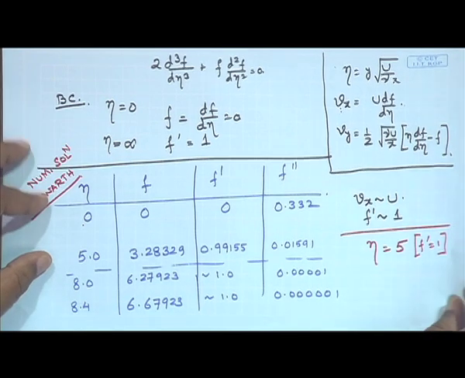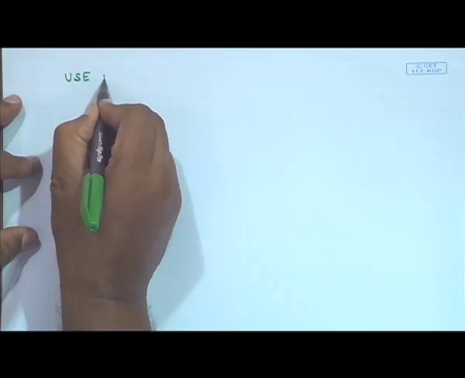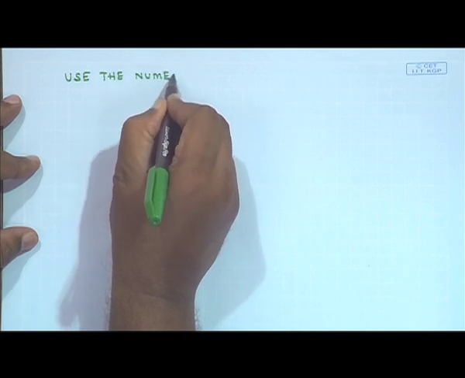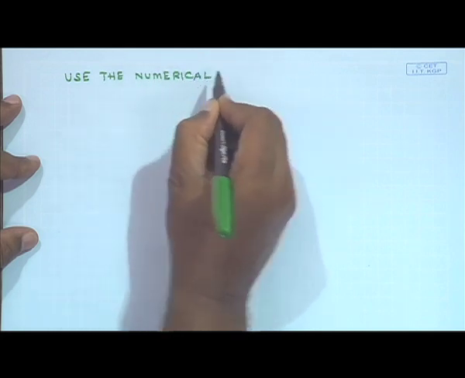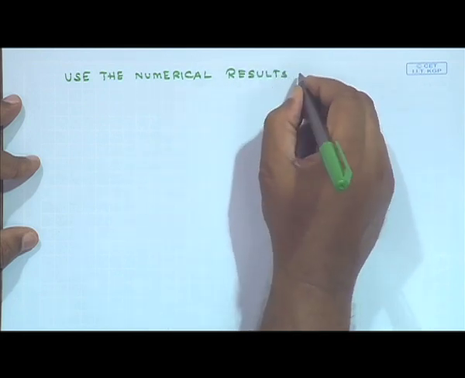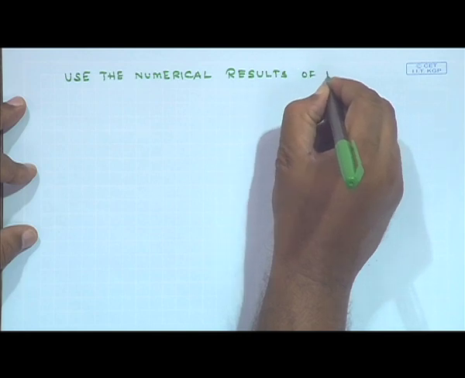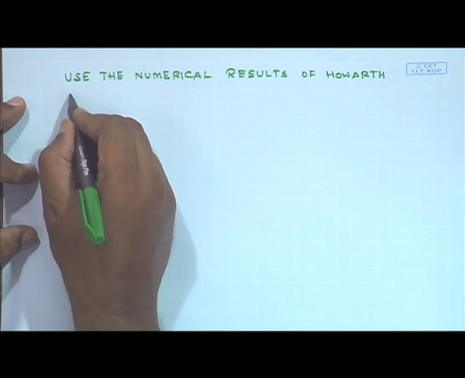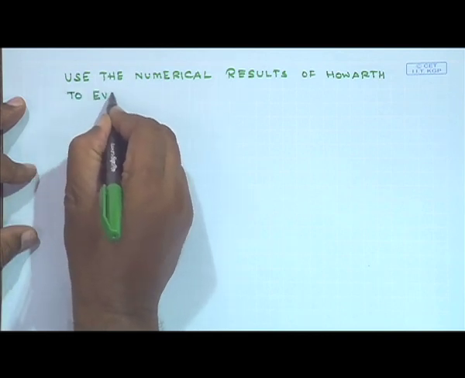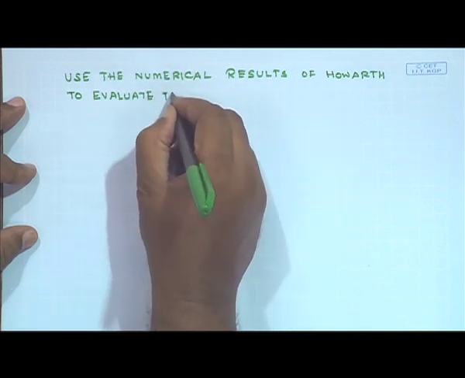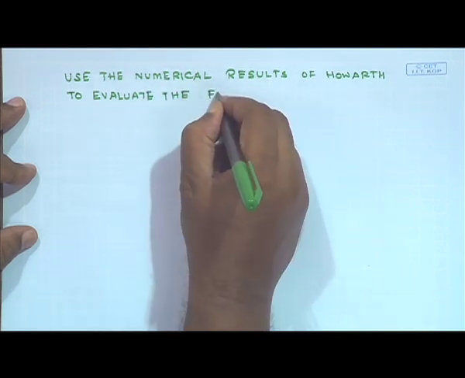The problem that we have right now tells us to use the numerical results of Howarth to evaluate the following quantities.